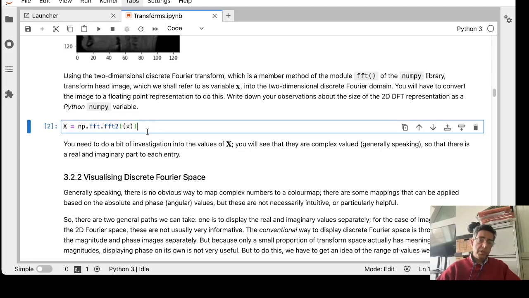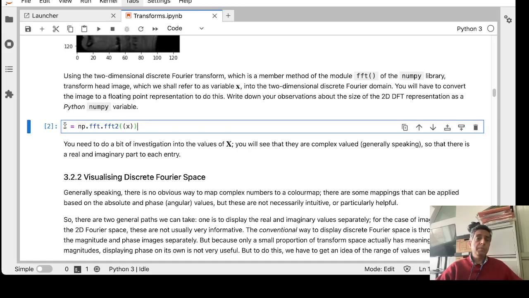We don't have to explicitly use the basis images ourselves or write the algorithm ourselves. We're making use of a predefined library. Most numerical libraries have the equivalent of a discrete Fourier transform in 2 dimensions, in fact in n dimensions. This is not unusual, and these transforms are very widely used, the discrete Fourier transform in particular.